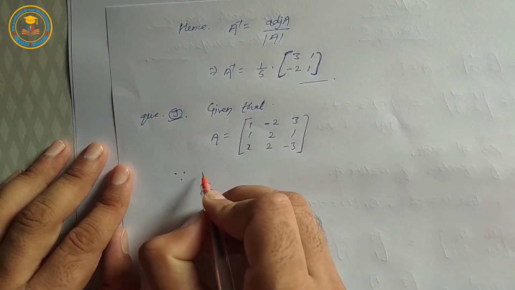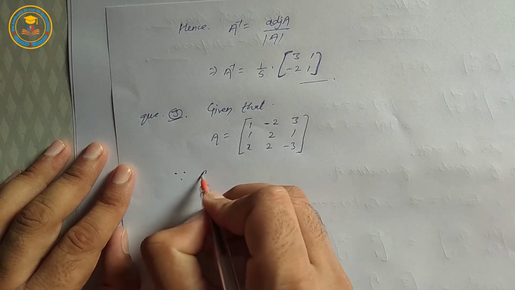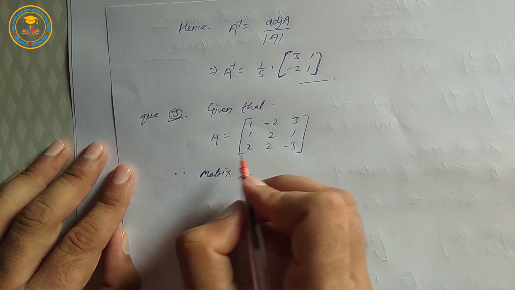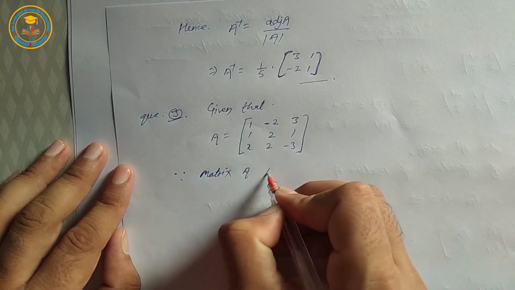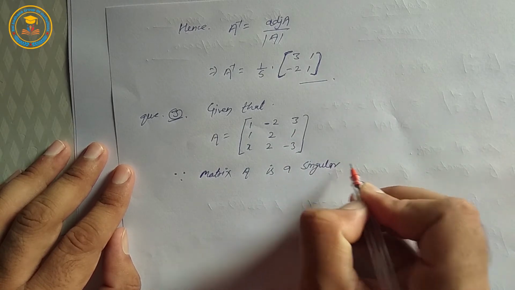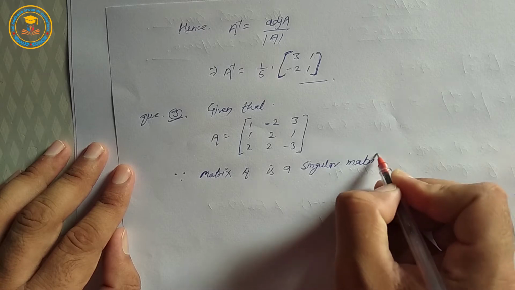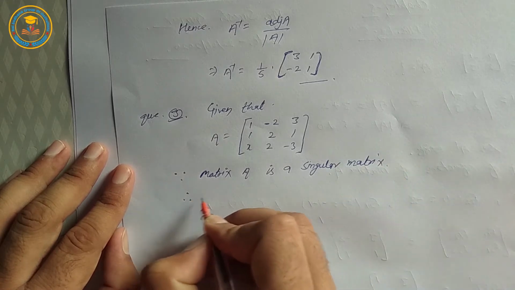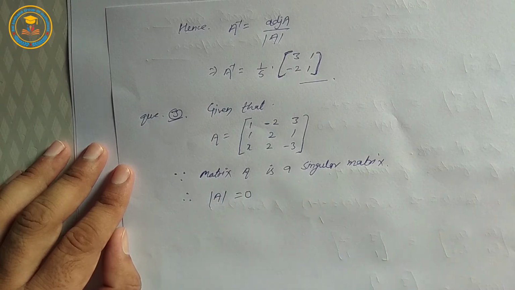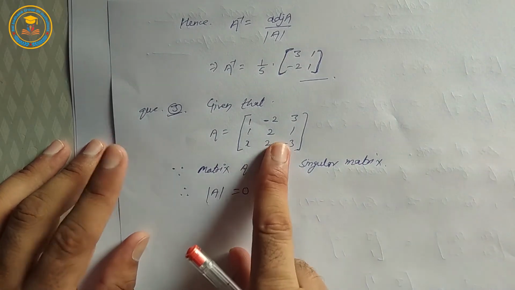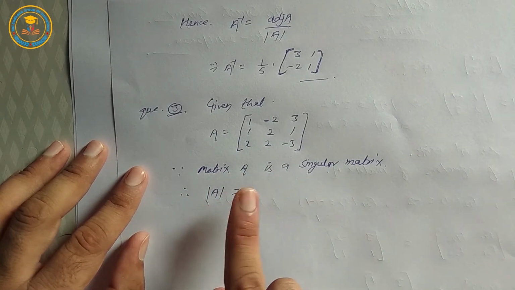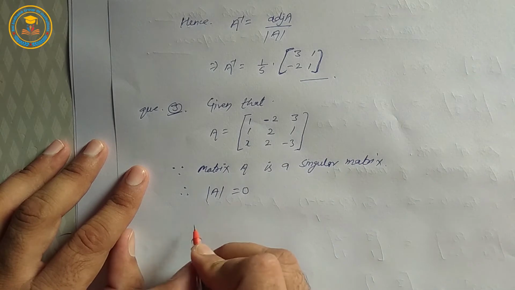Because matrix A is a singular matrix, determinant A is equal to 0. According to the question, matrix A is a singular matrix, so determinant A is equal to 0.